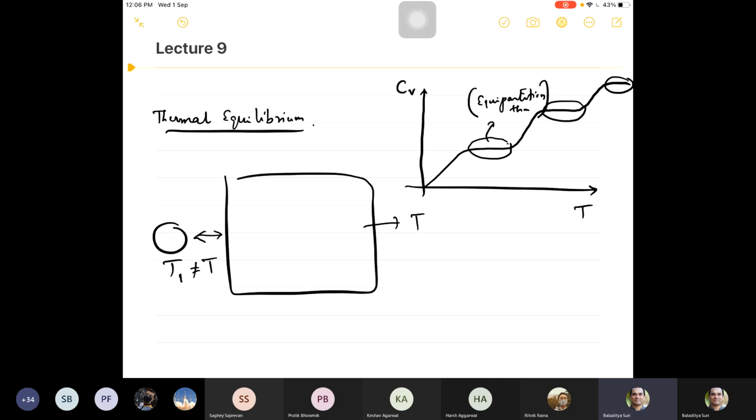What happens is a very complex set of processes involving conduction, radiation, all these things take place.